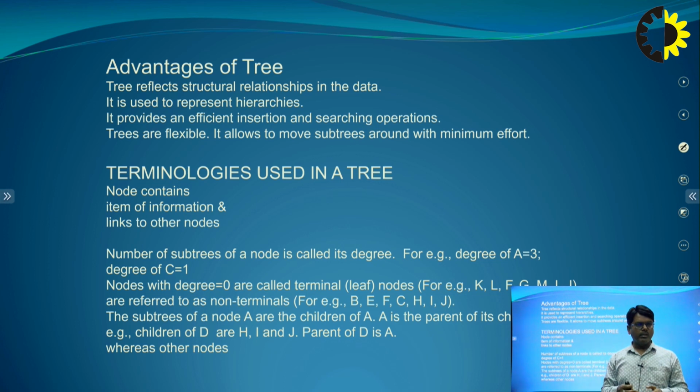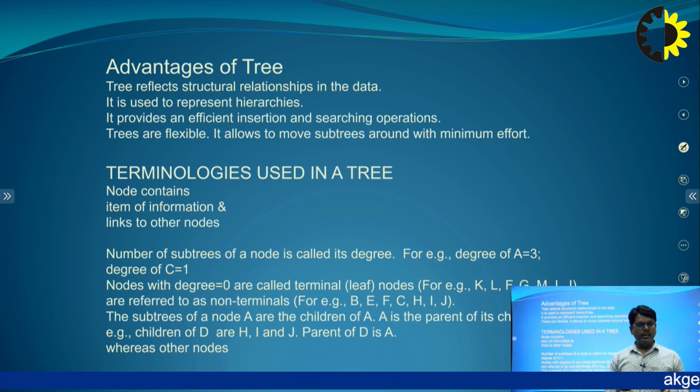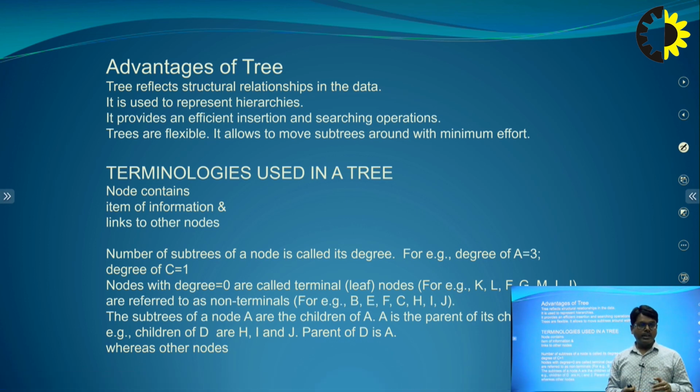So that is why all these operations are to be performed efficiently on the tree. That's why this can be considered an advantage of the tree, and because of its hierarchical nature, it helps efficiently to insert or search on that particular tree.